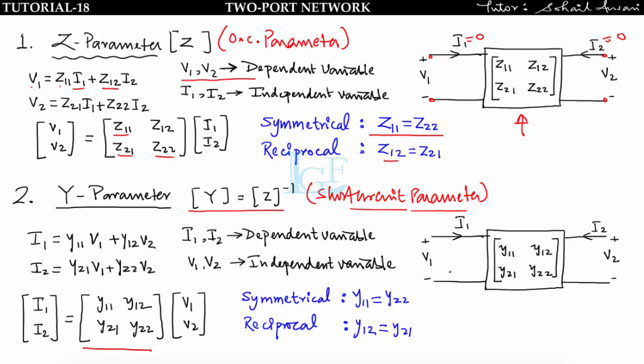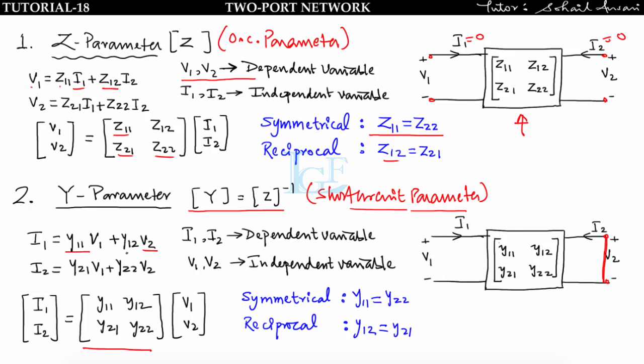Why is it known as the short circuit parameter? Suppose you have to calculate Y11. In order to calculate Y11, you have to make V2 equal to 0. If you make V2 equal to 0, then for Y11 you will get I1 upon V1. So how will you make V2 equal to 0? By short circuiting the secondary port. If you short circuit this port, then you can easily calculate Y11.